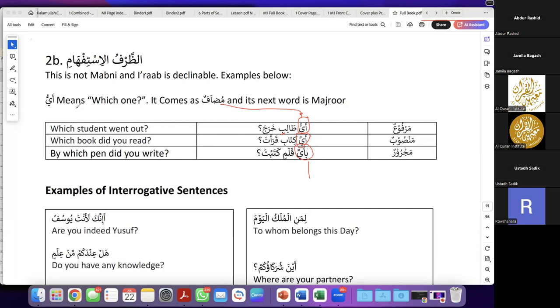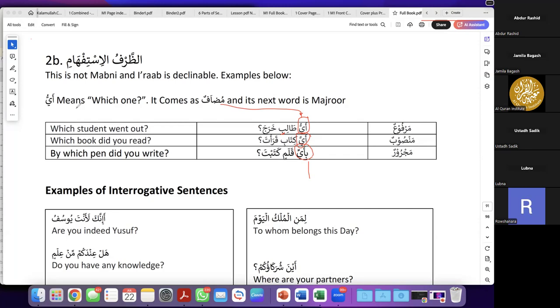MashaAllah, nice. Just to summarize this lesson, the way to remember these three categories: for hamzatul istifham, a or hal, the answer to the question will be yes or no. I'll skip the second one because there are many examples.